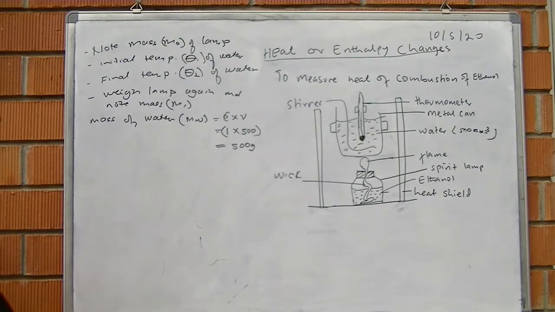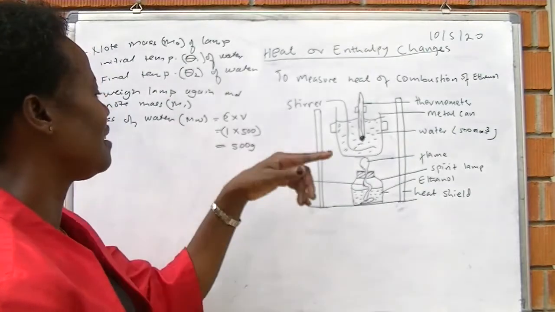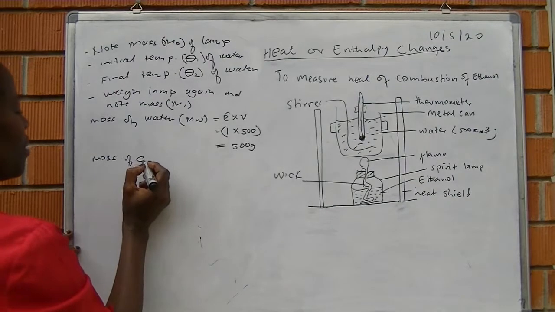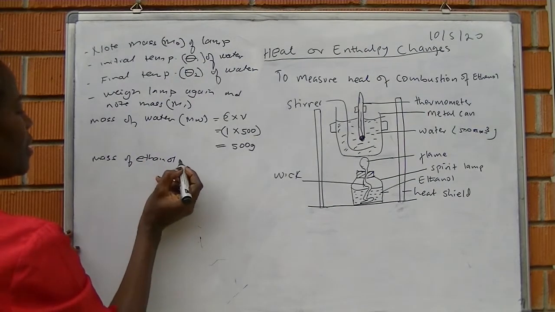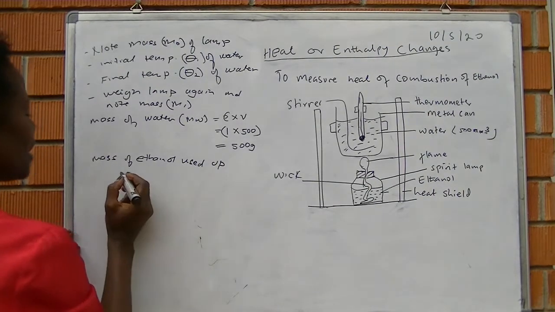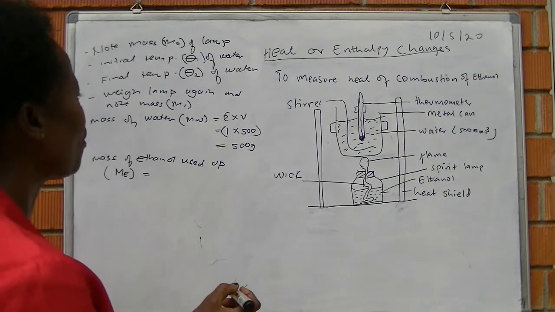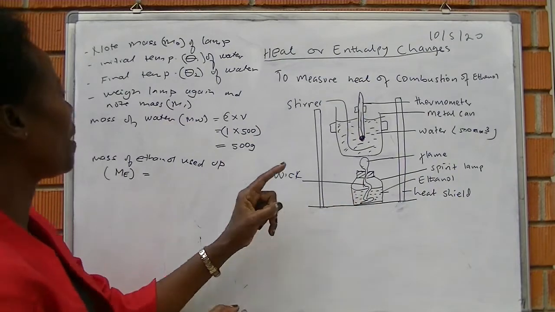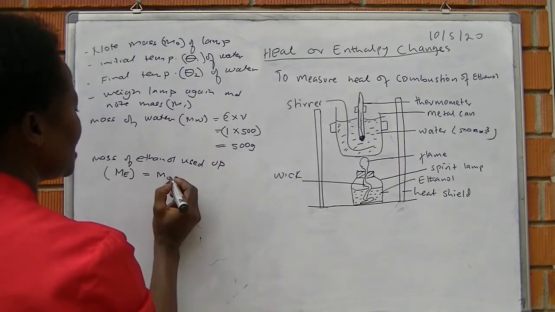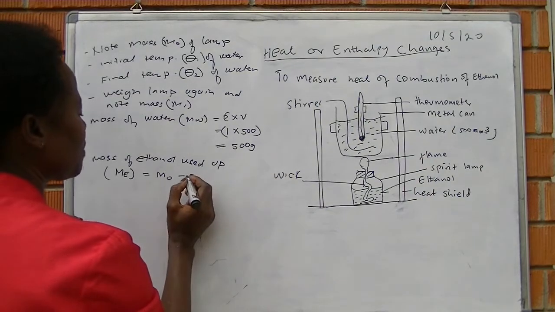Having obtained the mass, we can now get the mass of ethanol used to raise these temperatures. Mass of ethanol used up during burning, we can give it a constant, Me, is equal to mass of the spirit lamp before burning, which was M naught, minus the mass after burning, the one we noted after burning.